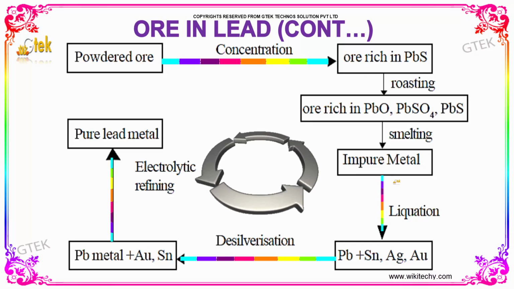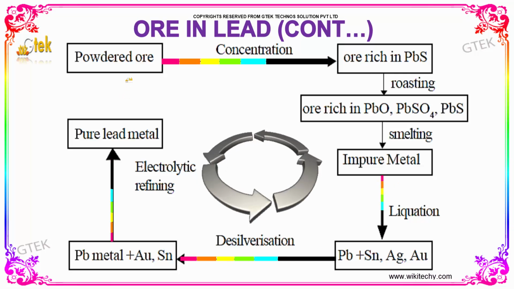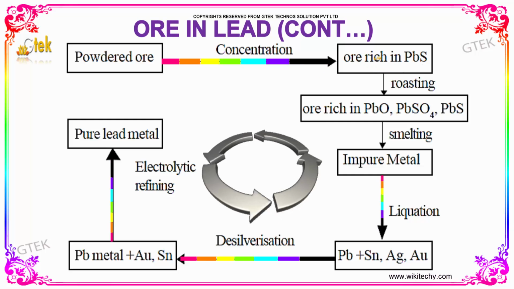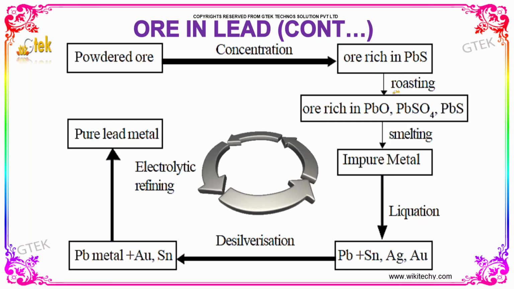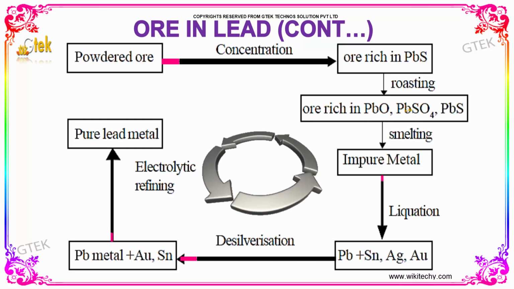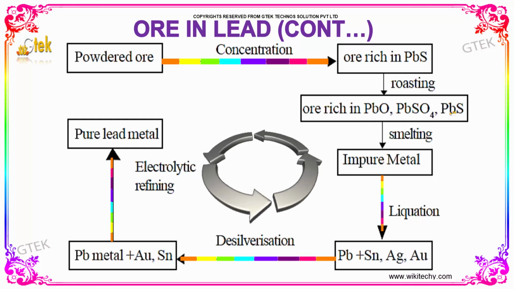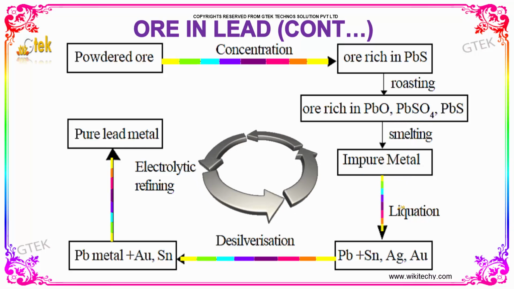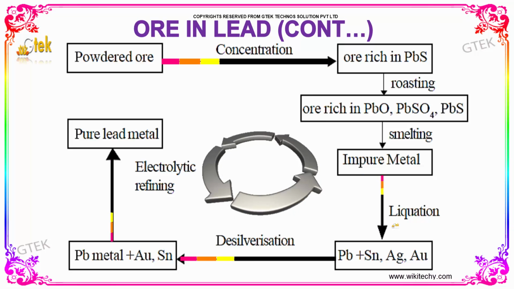Here is the overall process which is happening. The powdered ore is concentrated. It's an ore rich in lead sulfide, which is roasted. It will become lead oxide, lead sulfate and lead sulfide. On smelting, you get the impure metal. From there, liquation.